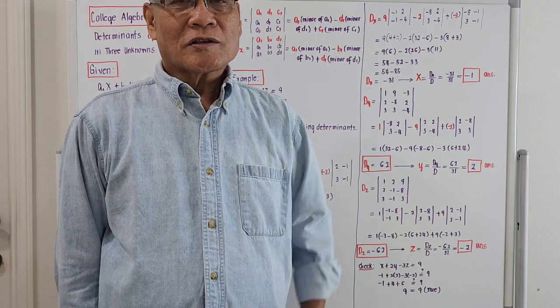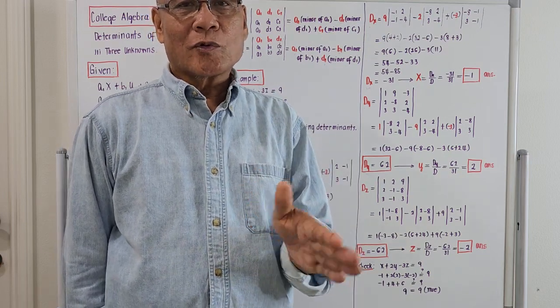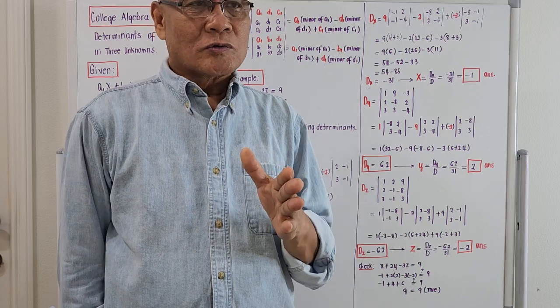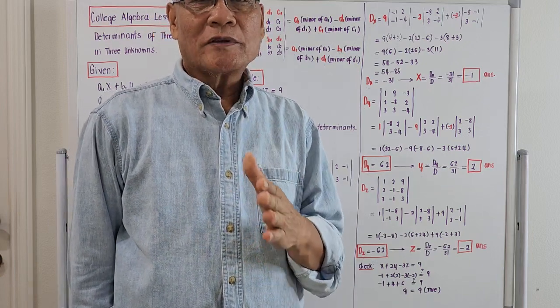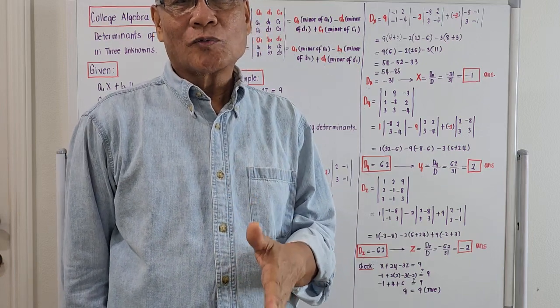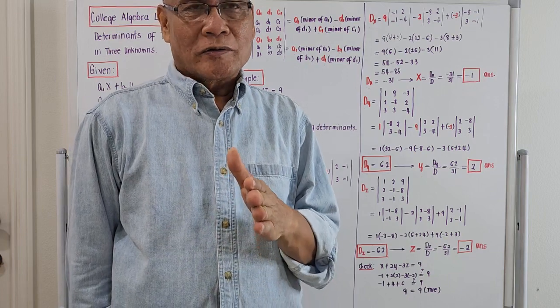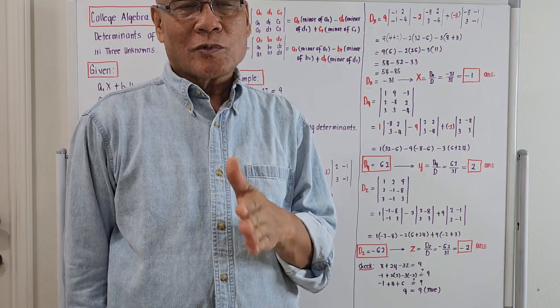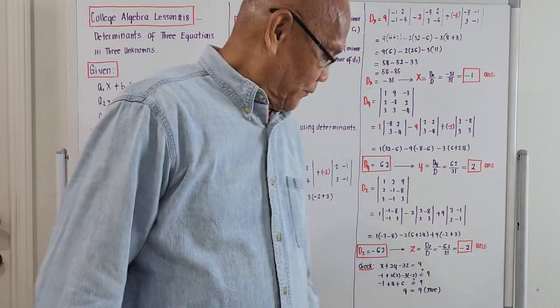Because the last time around I just gave you two equations and two unknowns. So for this morning we will be discussing the more complicated one, so you could understand how the concepts were derived. Okay, let's proceed.